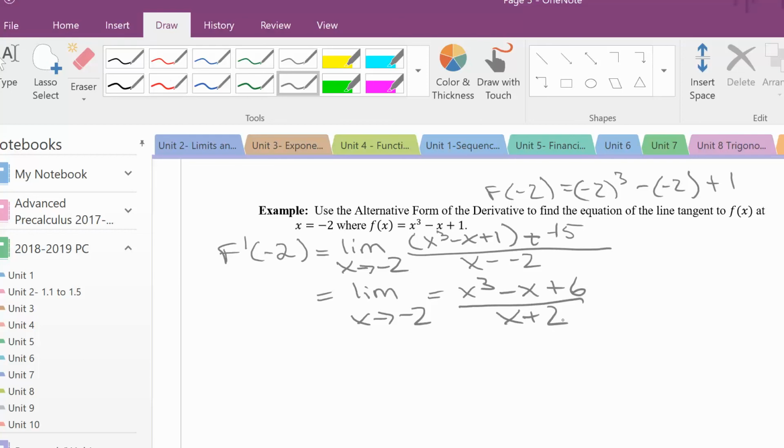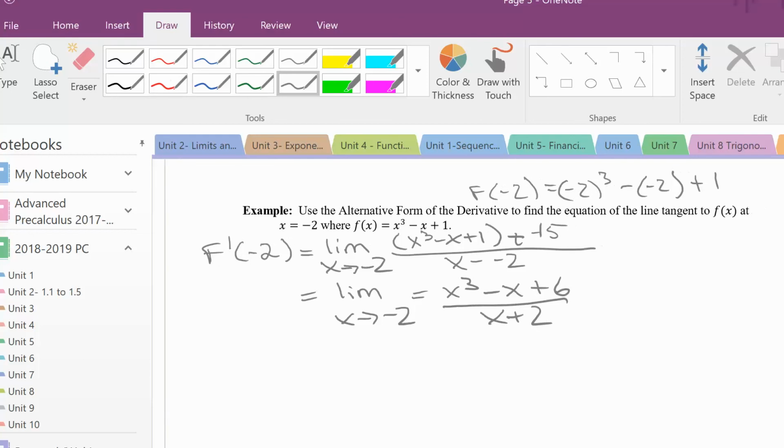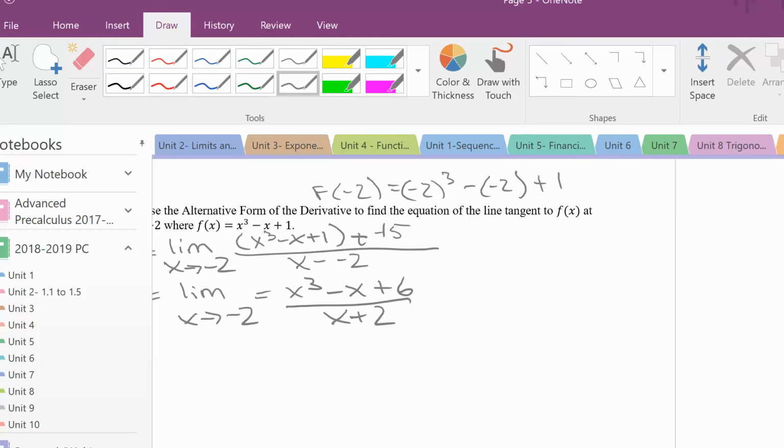Now you might be thinking, well, how do I factor this? But remember, in order to find the limit, we're going to have to cancel the x plus 2, so that means I could do synthetic division. 1, 0, -1, 6. Bring down the 1, multiply, add down, multiply, add down, multiply.